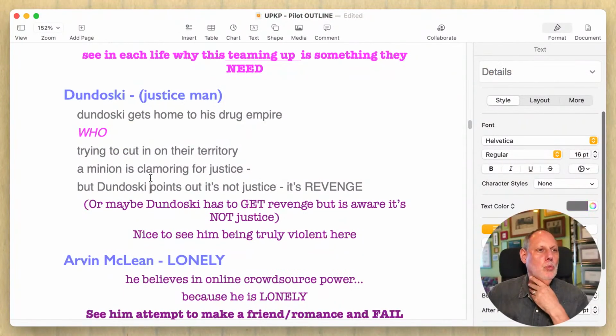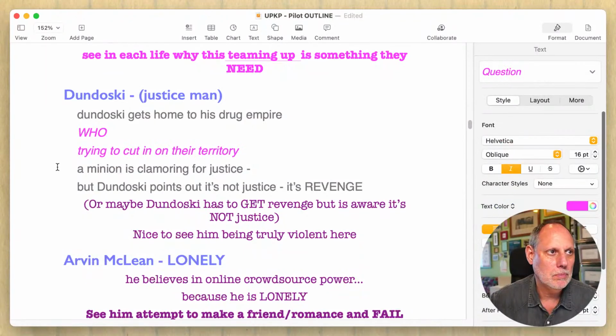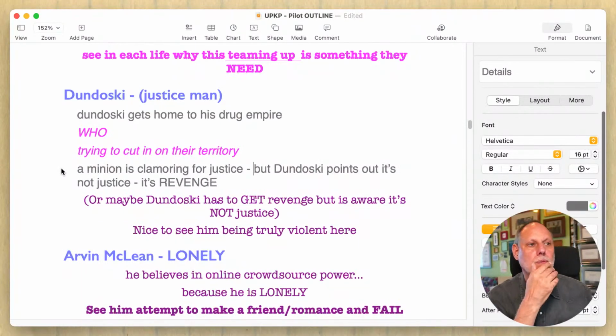So the question is, what would be something that would require revenge and not justice? What would it be that would not be just to take revenge? Okay, so this goes back into the question mode. So the difference between justice and revenge.